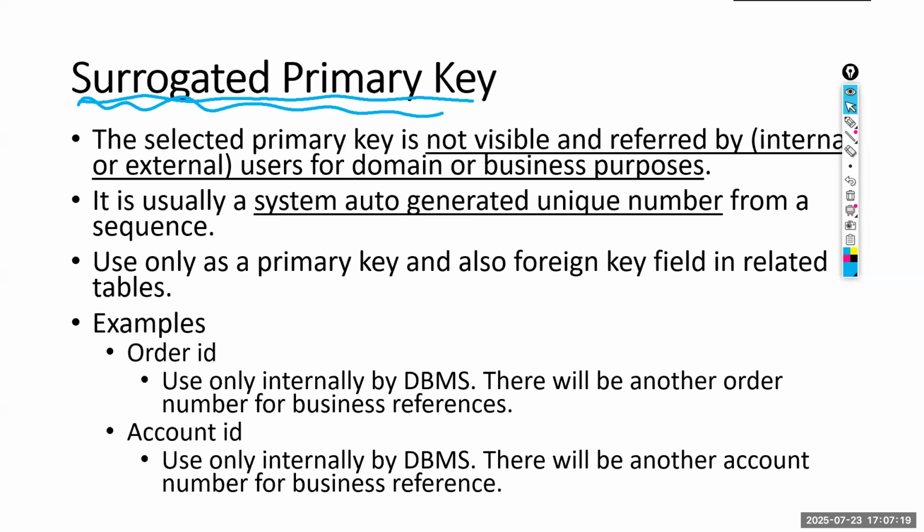But this is an internal task. Usually customers or the users are not supposed to know about it. Okay? And they are not supposed to use it in their day-to-day activities. Most of the time they are not aware of that number. So then you call it a surrogated primary key, or machine generated primary key, auto number, mostly auto numbers.